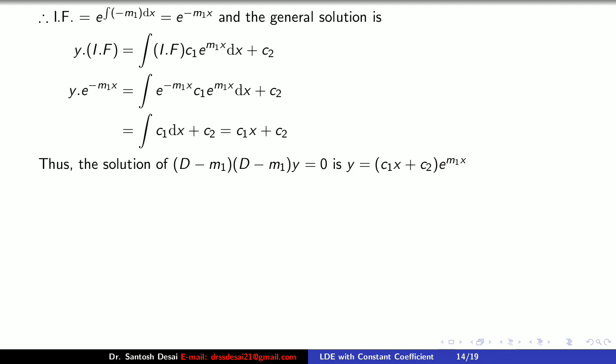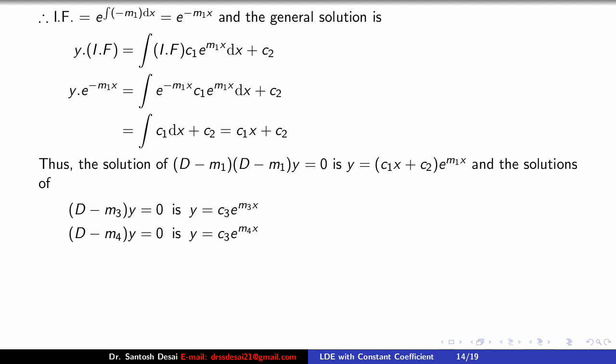Now here we know the solution of (D minus m1)(D minus m1)y, and from the previous cases the solution of (D minus m3)y equal to 0 is y is equal to c3 e raised to m3x, (D minus m4)y equal to 0 is y equal to c4 e raised to m4x. Continuing in this way, the solution of (D minus mn)y equal to 0 is y equal to cn e raised to mnx.